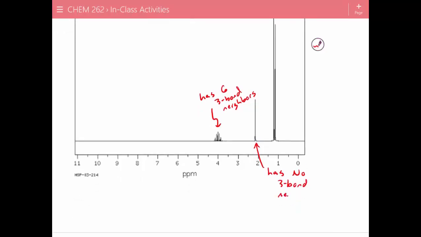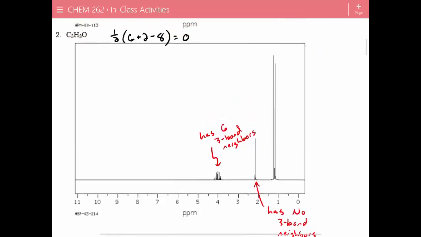It has no 3-bond neighbors. All right, what about the peak right around 1? It's a doublet, right? So if we look at this one, it's a doublet. How many 3-bond neighbors should it have? Yeah. So it has 1 3-bond neighbor.